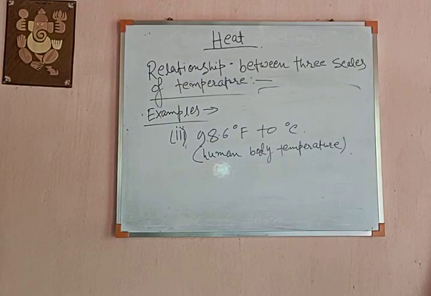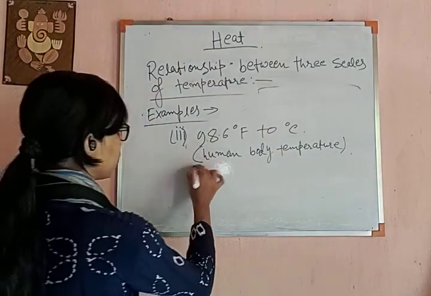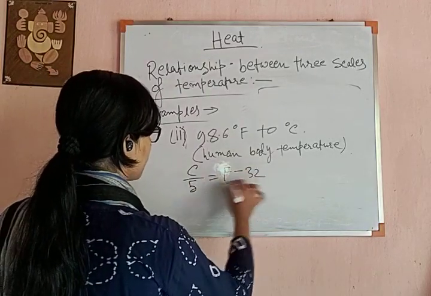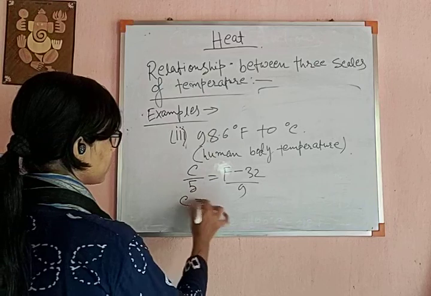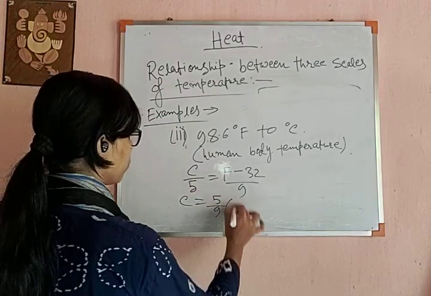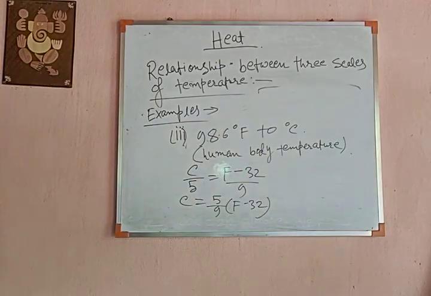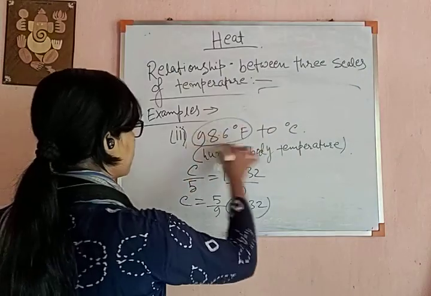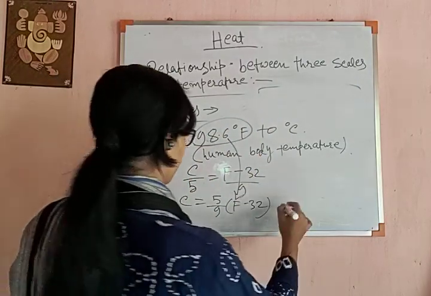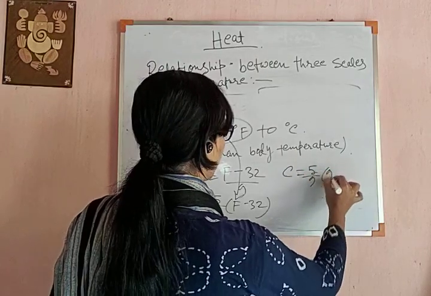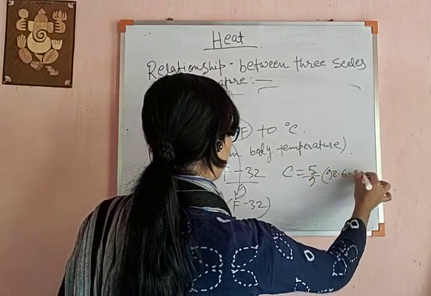So 98.6 degree Fahrenheit, if we measure it in degree Celsius, what will be the amount? So again, draw the relationship between Fahrenheit and Celsius, and we get C equal to 5 by 9 into F minus 32. As Fahrenheit temperature is given in this example, put the Fahrenheit temperature in this expression. So C equal to 5 by 9 into 98.6 minus 32.